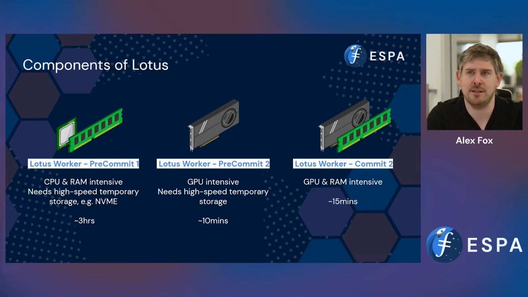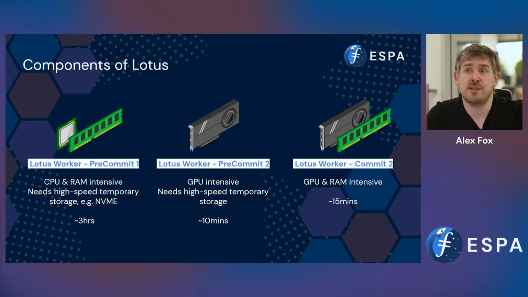Each sector can contain a deal from one client, maybe a deal from another client, put all in one sector, and it will get sealed together in one 32 gig, 64 gig chunk to then be proven and put onto the network. The add piece part takes a few minutes, so I haven't put it on the slide, but if we're really splitting out everything, we can put the add piece process onto its own separate hardware.